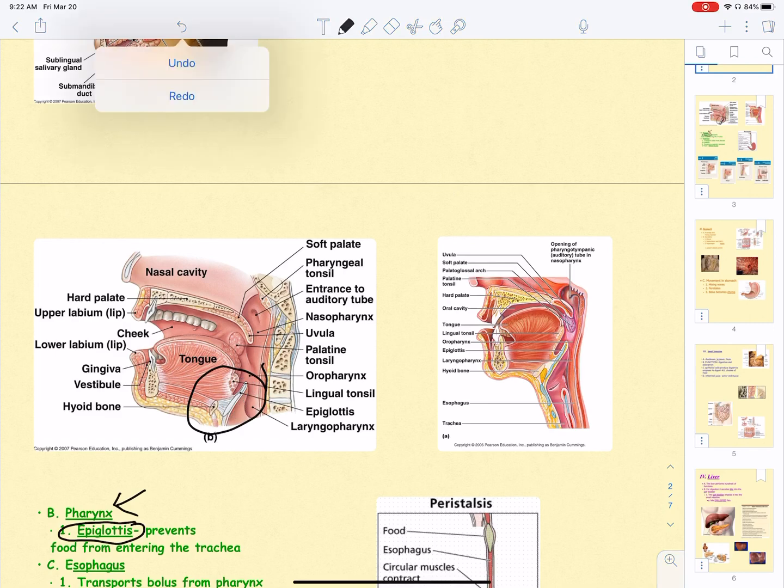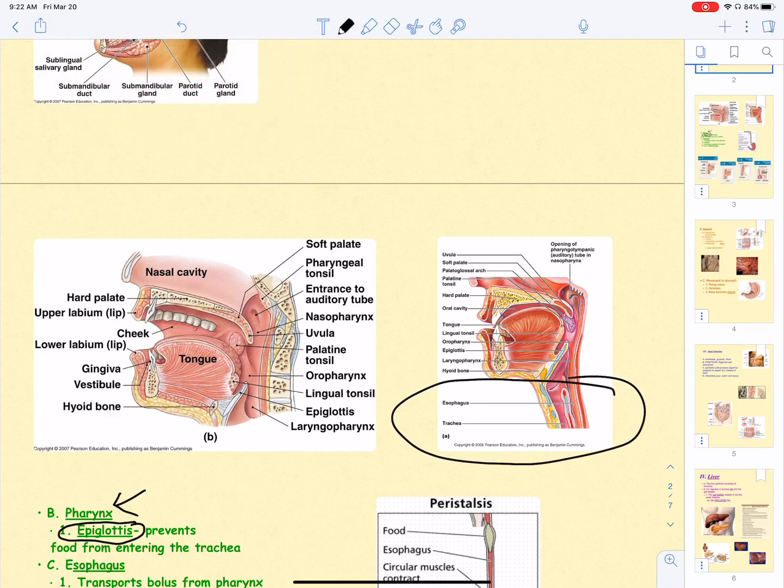Your epiglottis is going to open and close in order to make sure that your food goes down your esophagus and that the air goes down your trachea. Hopefully you understand the idea that your esophagus is going to lead to your stomach and your trachea is going to lead to your lungs.